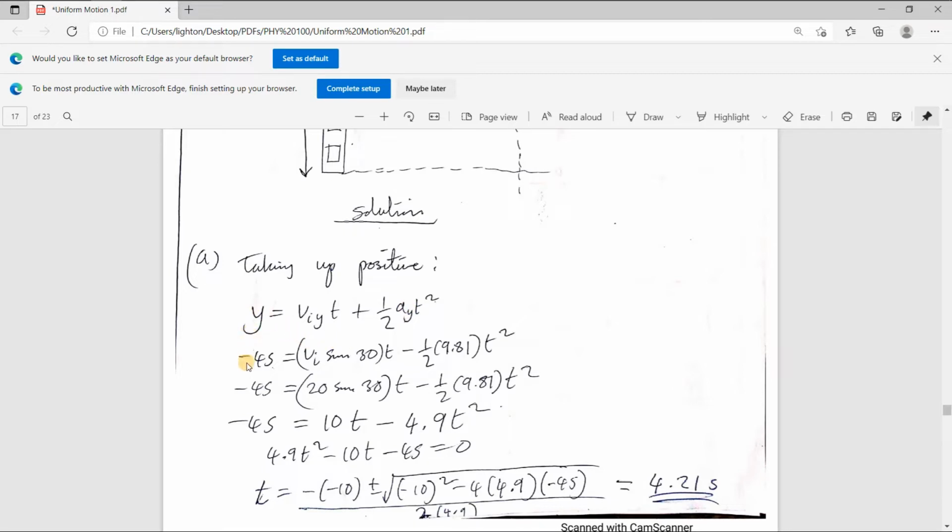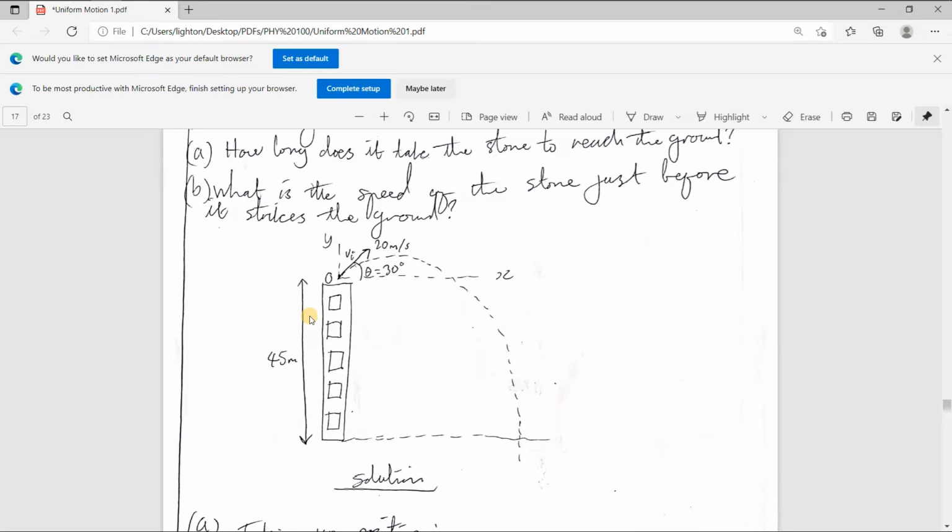This y is just our negative 45 meters, the displacement. Why is it negative? Because it is going down from the origin. If this 45 was up from the origin, we would have taken it as positive. But now it is down from the origin, that's why it is negative there.